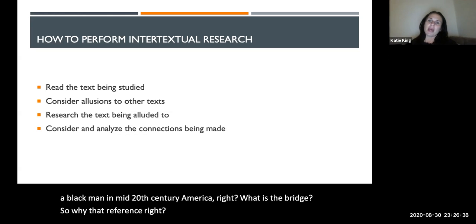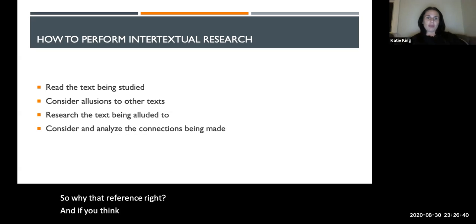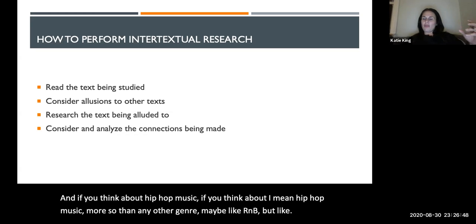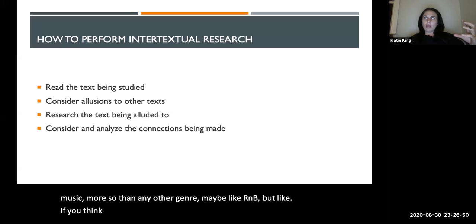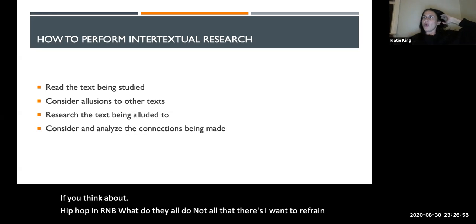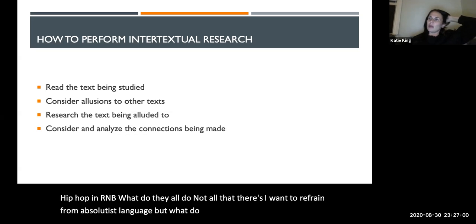And if you think about hip hop music, more so than any other genre, maybe like R&B, what do the majority of these songs do? I want to refrain from absolutist language, but well, they sample, right?